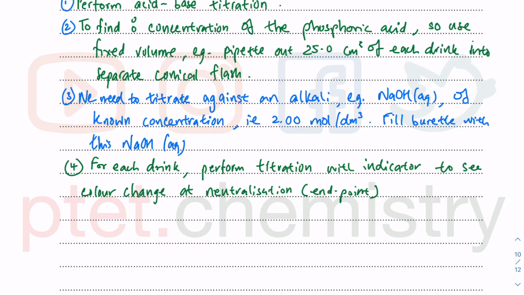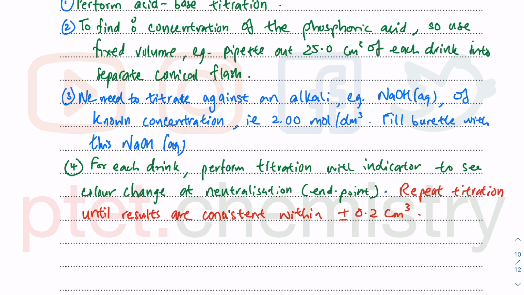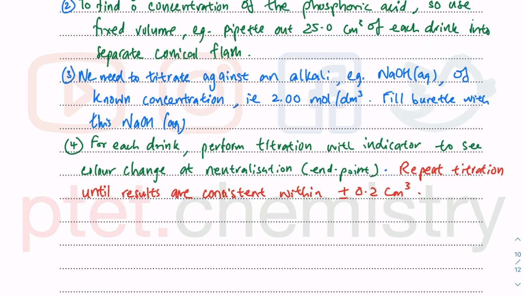But when you do titrations, you don't just do it once. So what we must say is we have to repeat the titration. We are not trying to make crystals or anything. We just need to repeat titrations until results are consistent. That means the volumes of your titres are consistent, and we have to say the usual thing, within plus or minus 0.2 cm³. This is acceptable for IGCSE as well as A level standards.